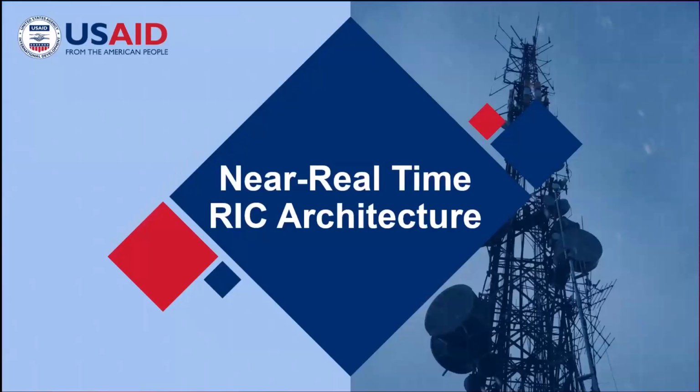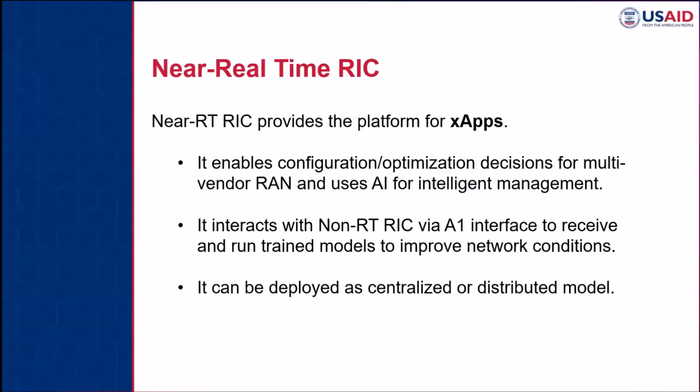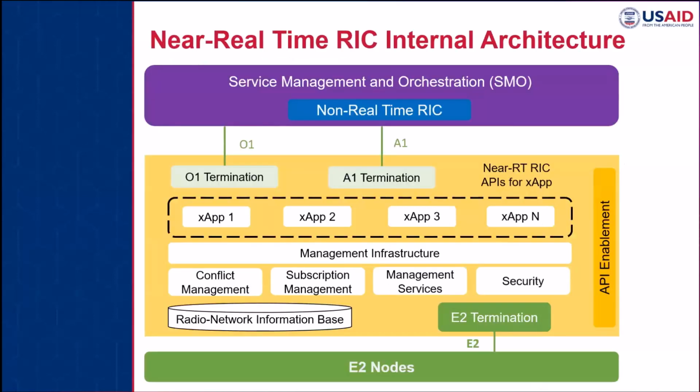Going to the near real-time RIC architecture, it provides the platform for the xApps. It enables configuration and optimization decisions for multi-vendor RAN, and uses AI for intelligent management. It interacts with the non-real-time RIC through the A1 interface and can be deployed as a centralized or distributed model. So this is the architecture of the near real-time RIC.